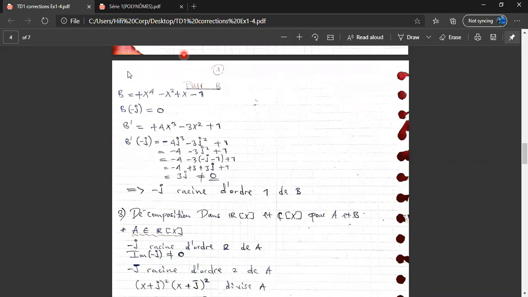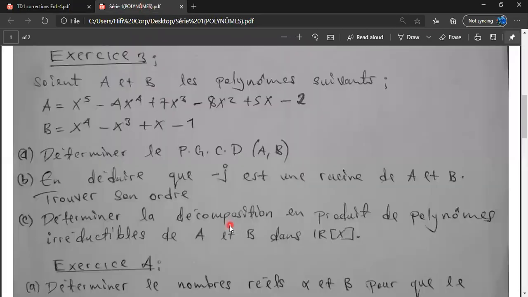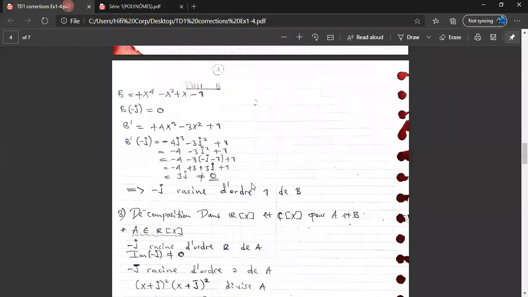Yes. Okay, let us go to C. Déterminer la décomposition en produit de polynômes irréductibles de A et B dans R. So we're going to decompose this and this. What are we going to do here?